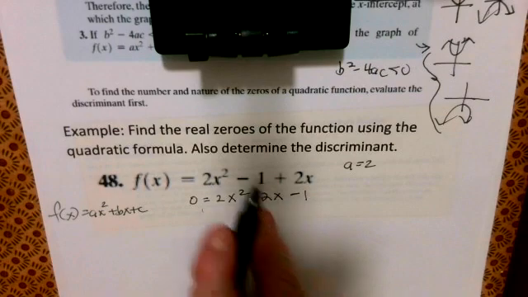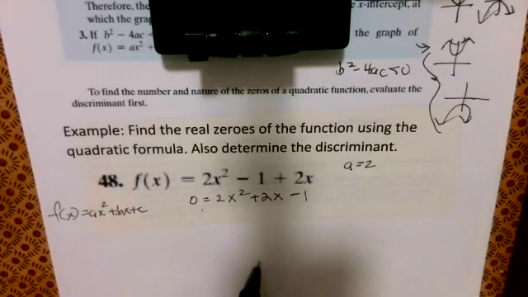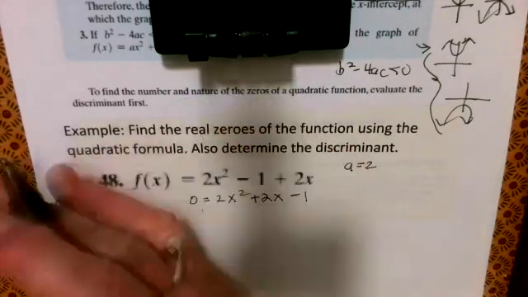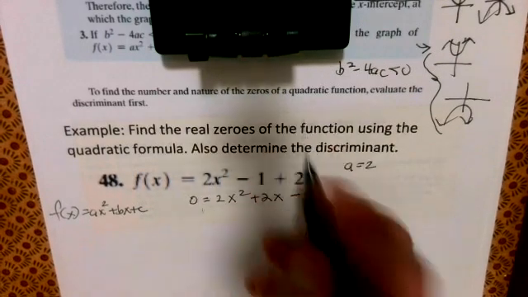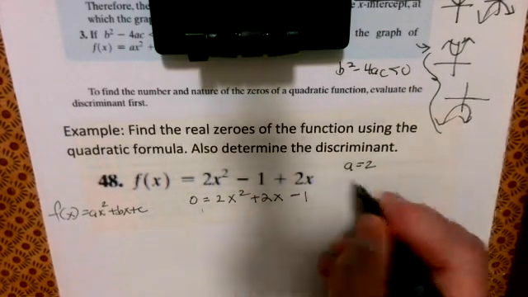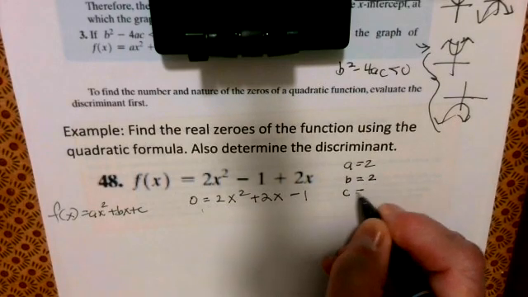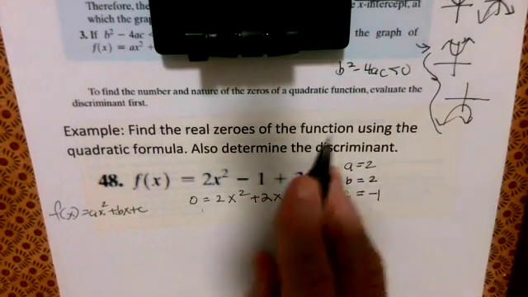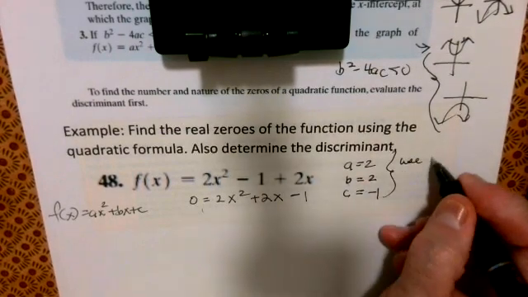It's easy to make that mistake by not looking carefully, but the x term needs to come second and the constant at the end. It's going to make a big difference in the quadratic formula or the discriminant. You're just going to get the wrong answer. So the b here is equal to 2, and the c is equal to minus 1.